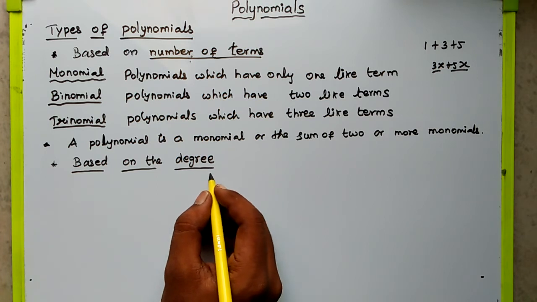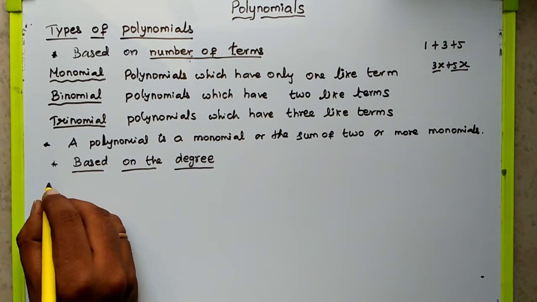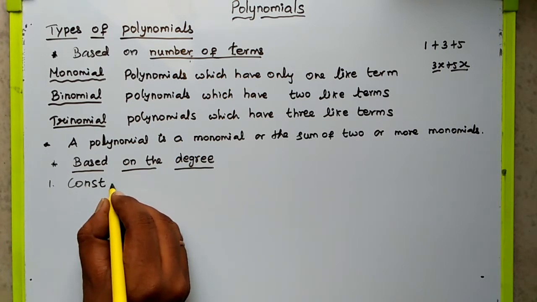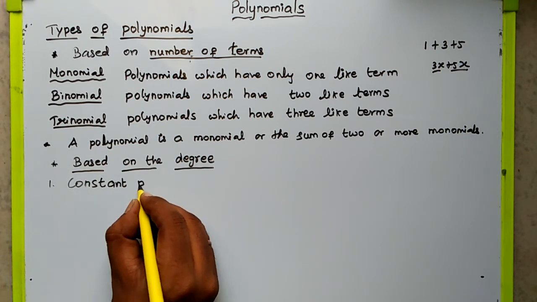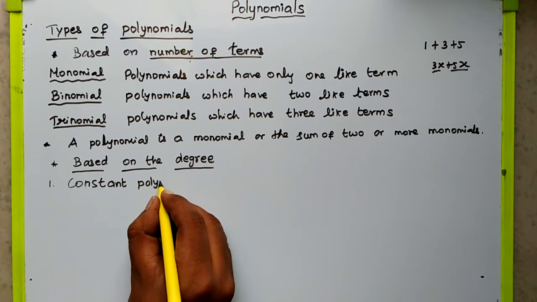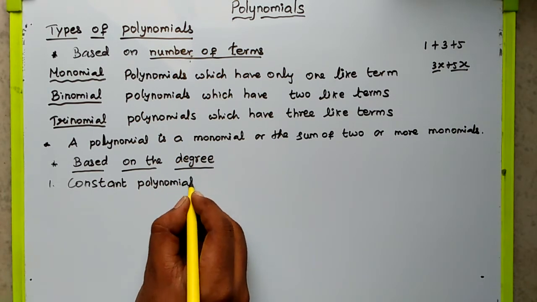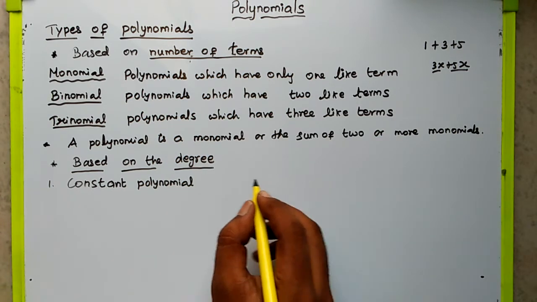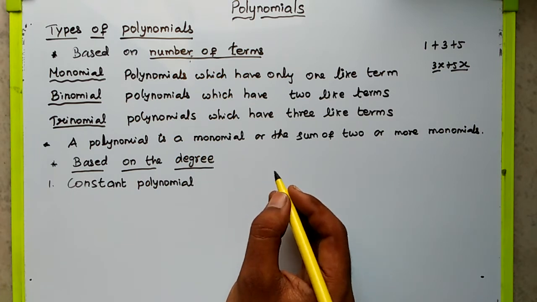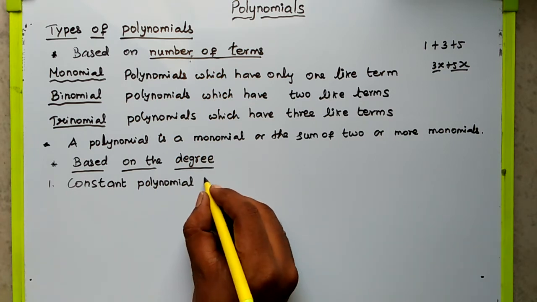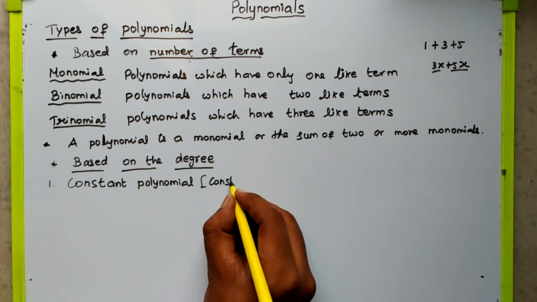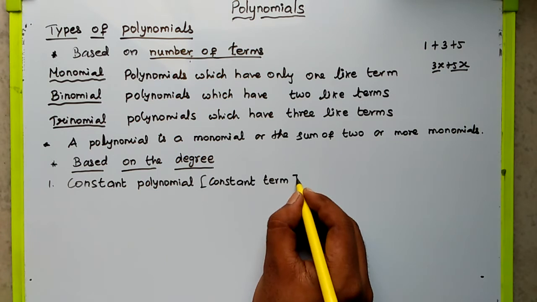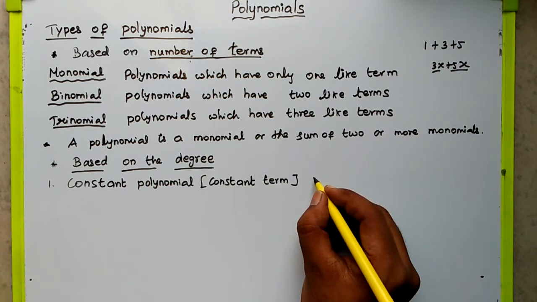Next, based on the degree. So here first, constant polynomial. The polynomial which contains only constant term is called a constant polynomial.